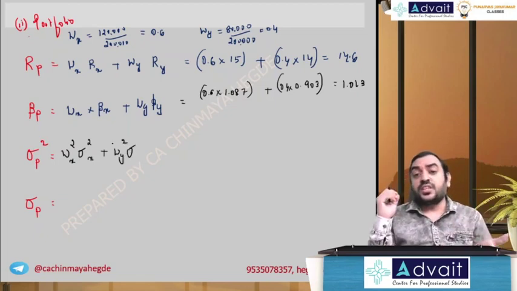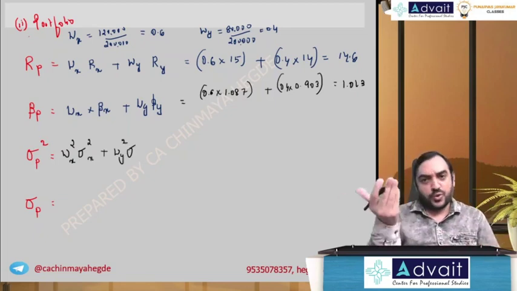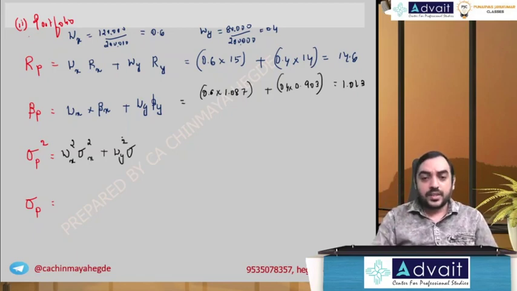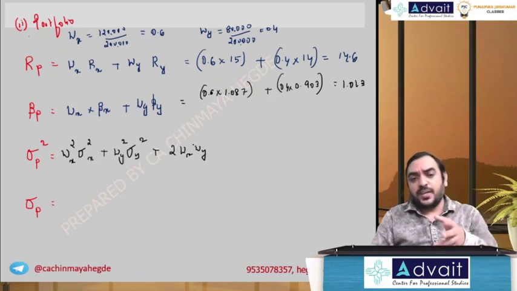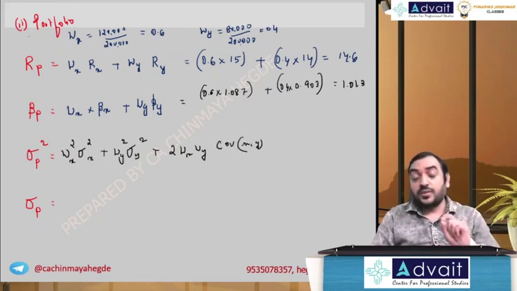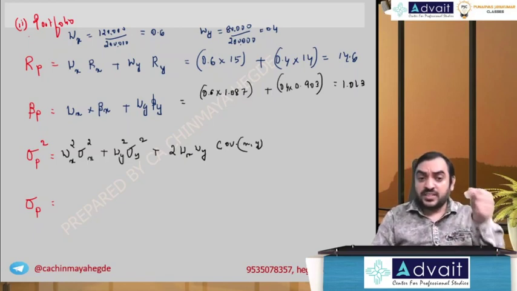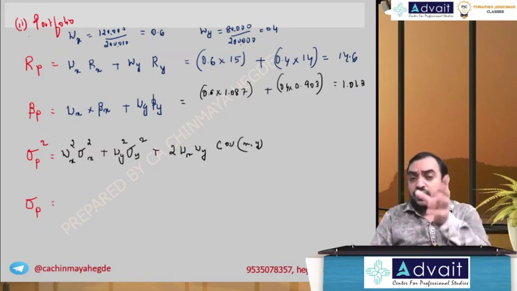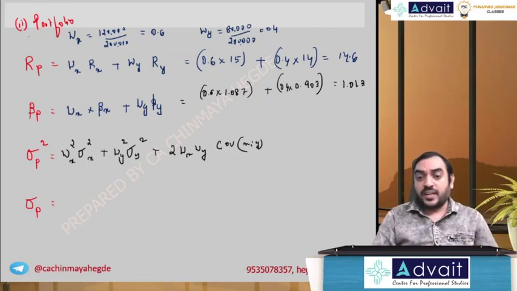You can also do it using the Sharpe index. I'll show it later. Instead of having sigma x, sigma y and r, I can replace it by covariance between x and y. I was supposed to multiply by sigma x, sigma y by r. Instead of that, I can replace it by covariance between x and y. Hope you're aware of it.